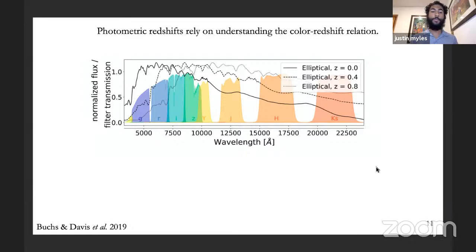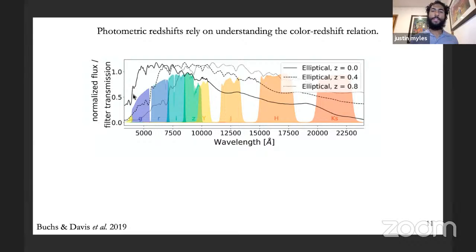So the x-axis here is wavelength of light, and the y-axis represents 2 things. For the black curves, it represents the normalized flux of a galaxy spectral energy distribution. And for the colored regions, it represents the filter transmission. So how efficient is a given photometric filter at letting light of that particular wavelength pass through it.